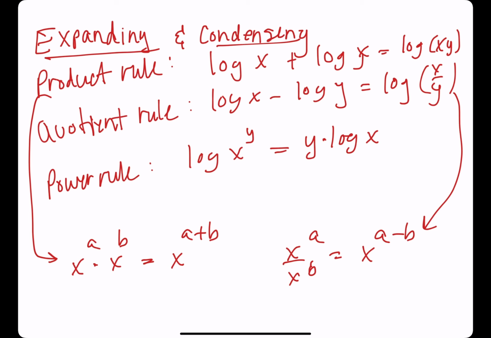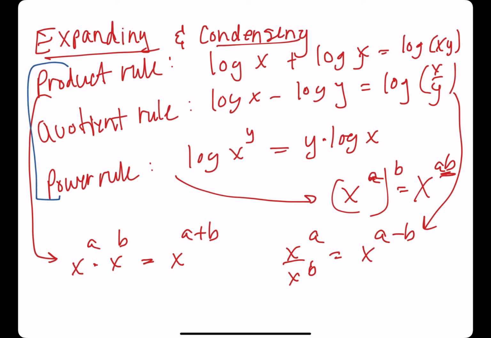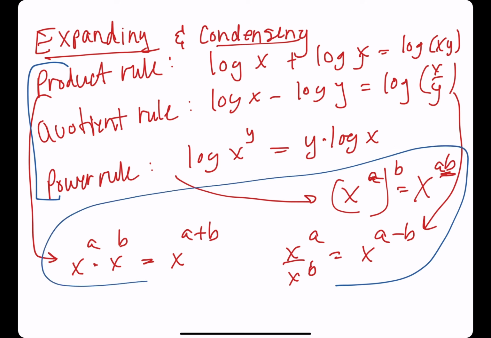And that comes straight from, if you have a base powered to another power, you basically just multiply those powers. So that's that rule right there. So these 3 rules here that we use come straight from our exponent rules.